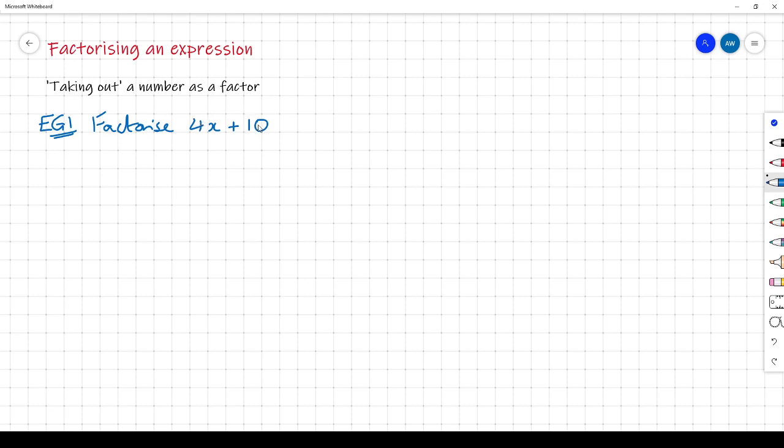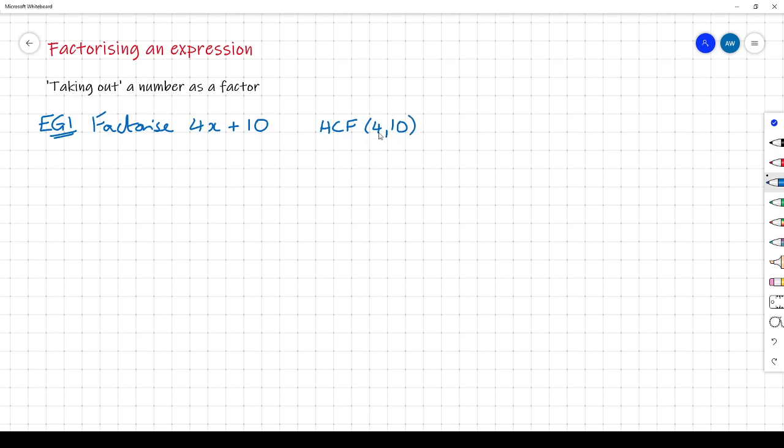Now if you remember, we call that a common factor. It's a factor of 4 and a factor of 10. But not only do we want a common factor of 4 and 10, we want the highest common factor, which we call the HCF for short, if you remember. So we're looking for the highest common factor of 4 and 10. And then we're going to take that factor outside the bracket.